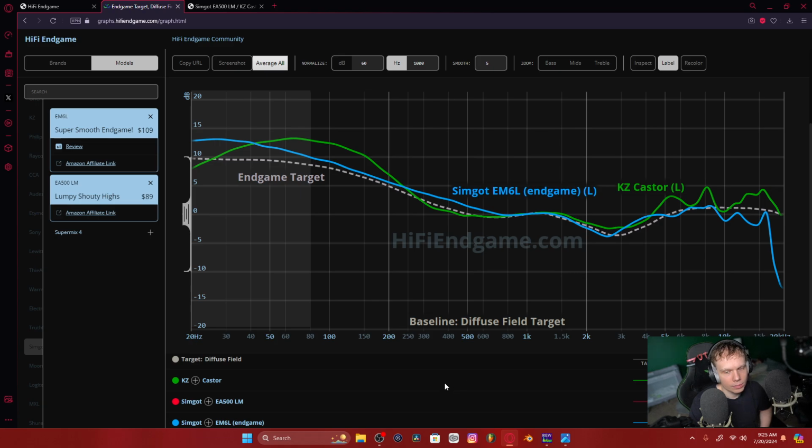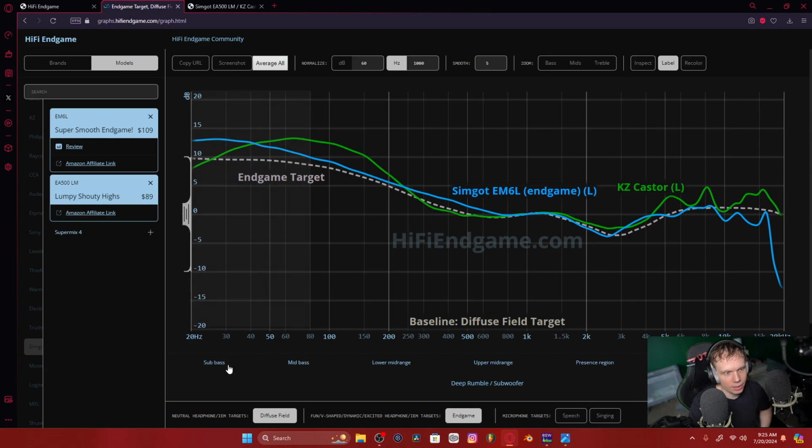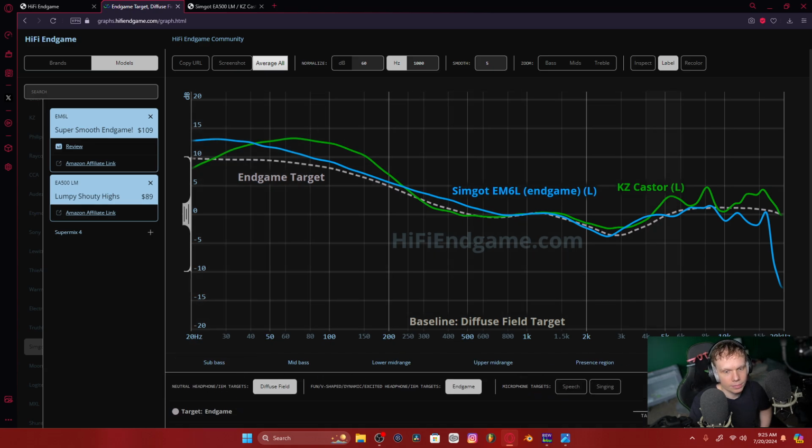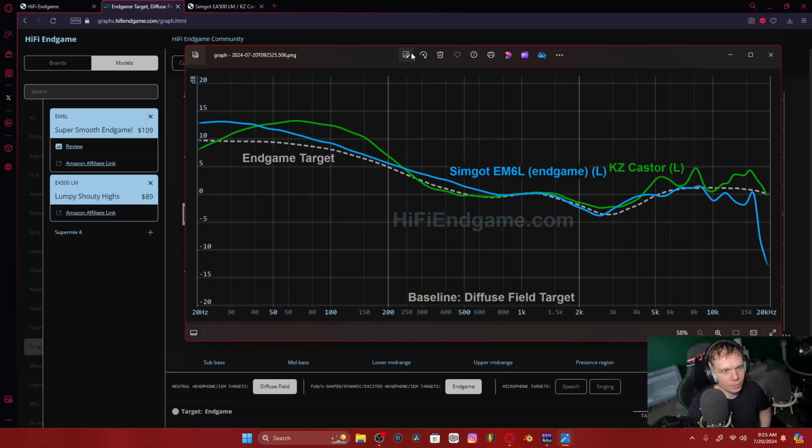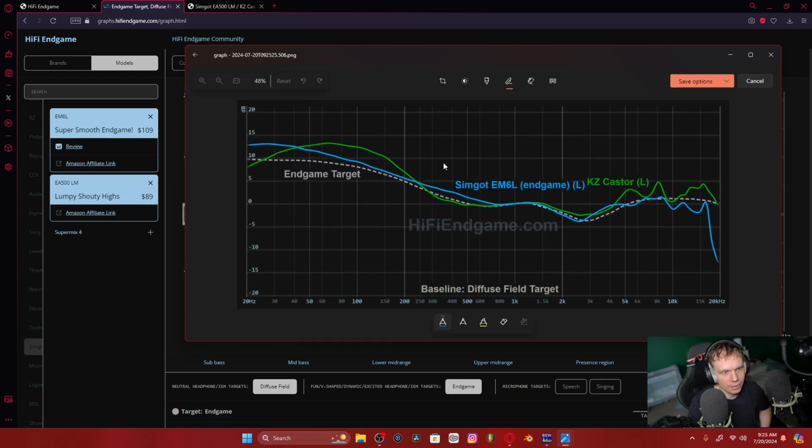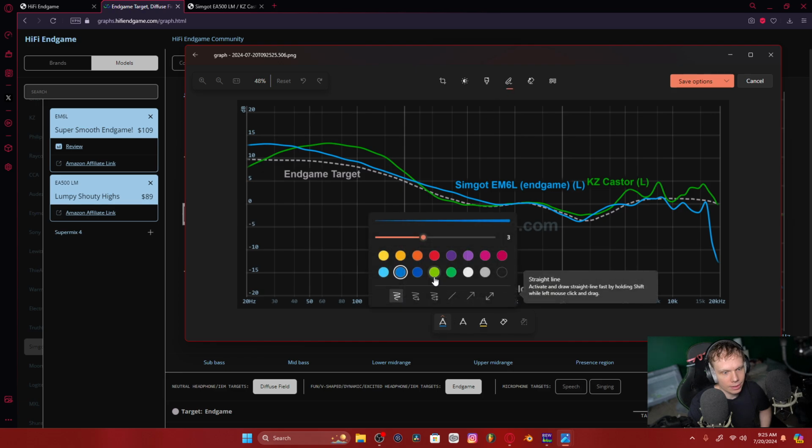So again, you guys can use this to compare and contrast. I mean, to me, this is like gold. This is like amazing, because we can see all the problem spots. It's ridiculous.